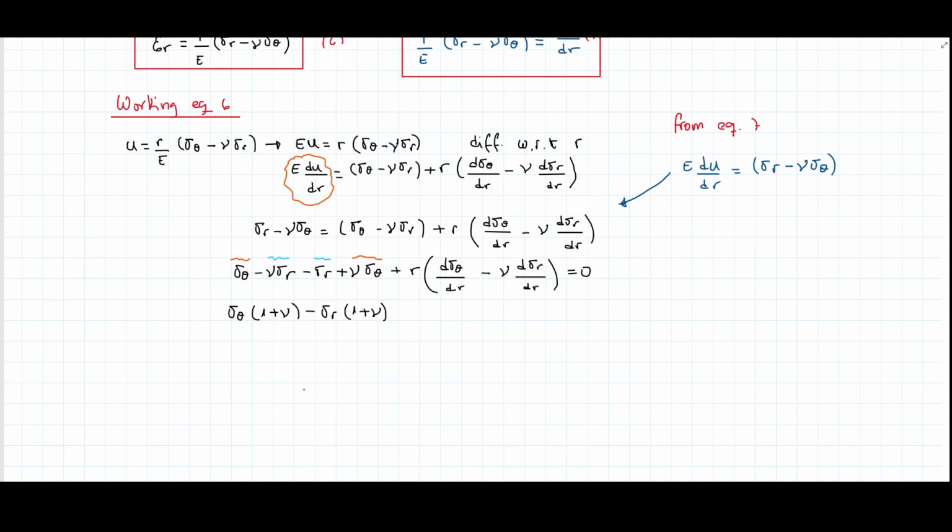And then again, let me write down everything as we have it here. So we write this one here, plus this one here, and then Poisson ratio, equal to 0. Now I can take another common term, which is this one here, you see?